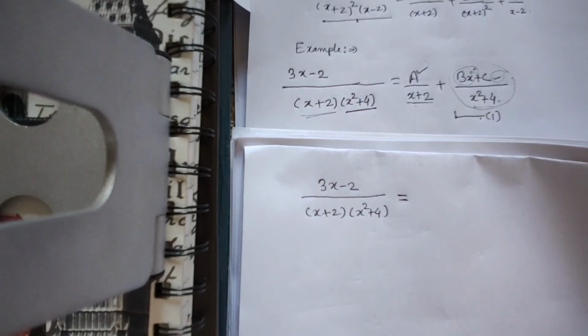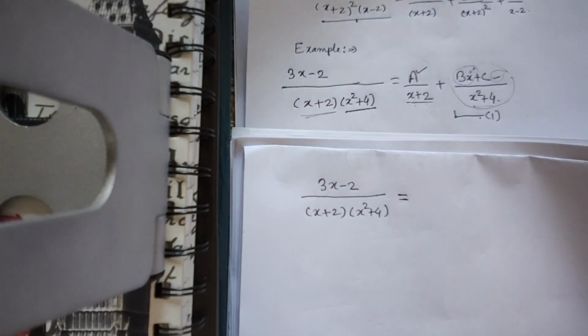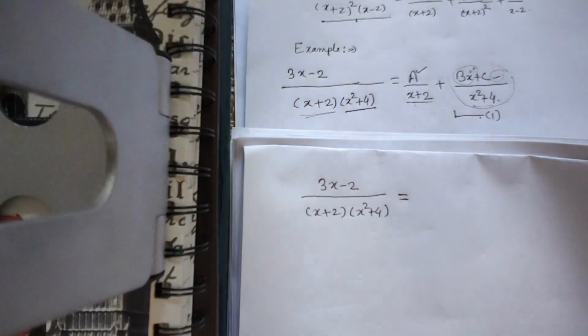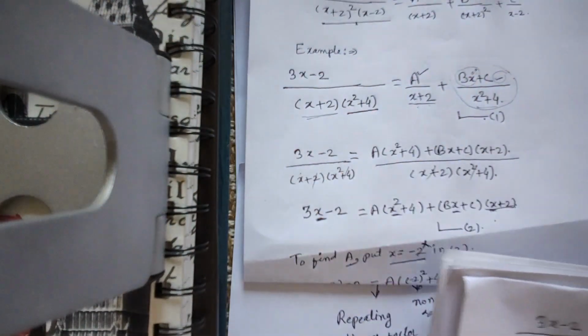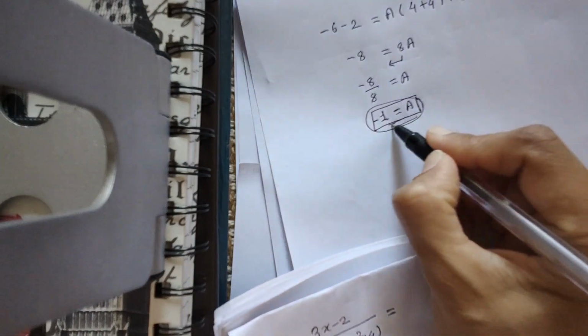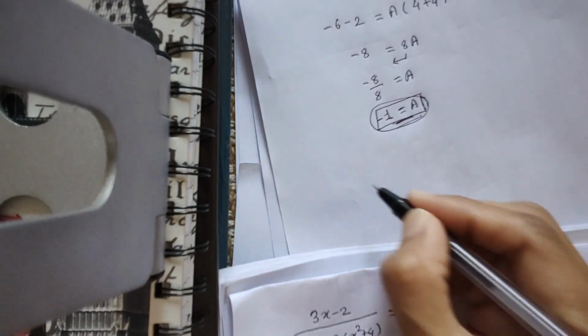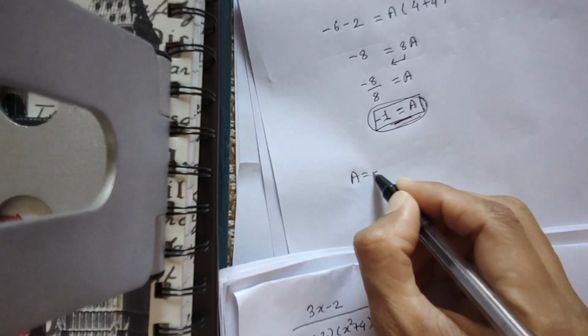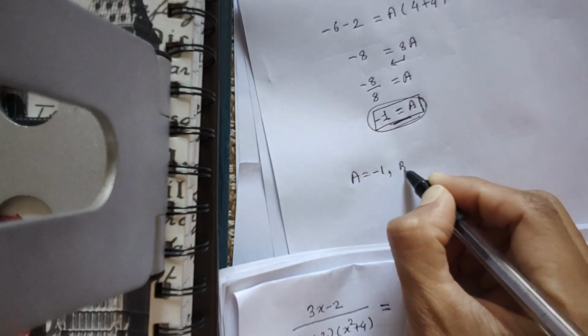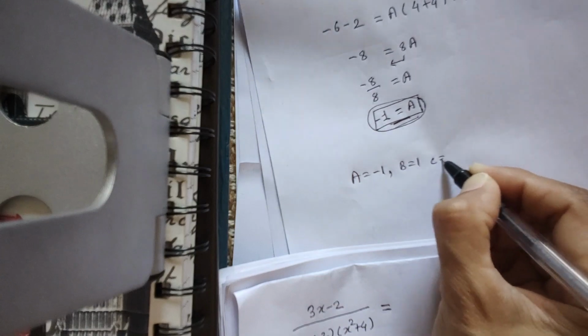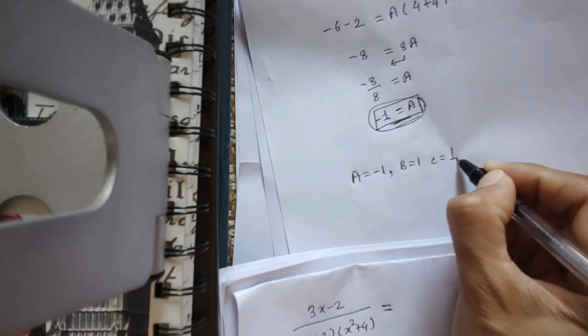So a I have calculated as, here I have it. So a I have minus 1. I'll just write all the values here. So a I have minus 1, b I have 1, and c I have calculated as 1. Okay, a, b and c.